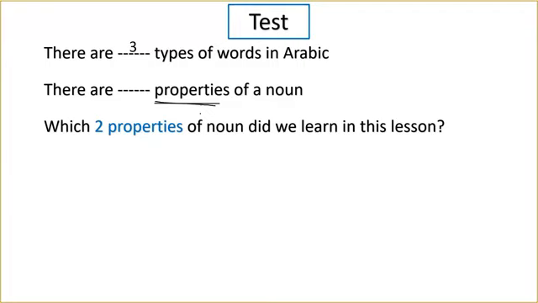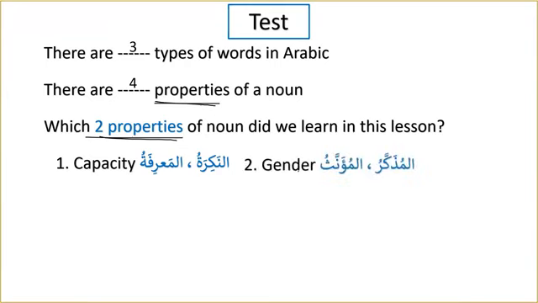Which 2 properties of noun did we learn in this lesson? Capacity and gender. Excellent. Capacity, an-nakira wal marifa, and the second one is gender, al-jinsu, al-mudhakkar wal mu'annath. Excellent.